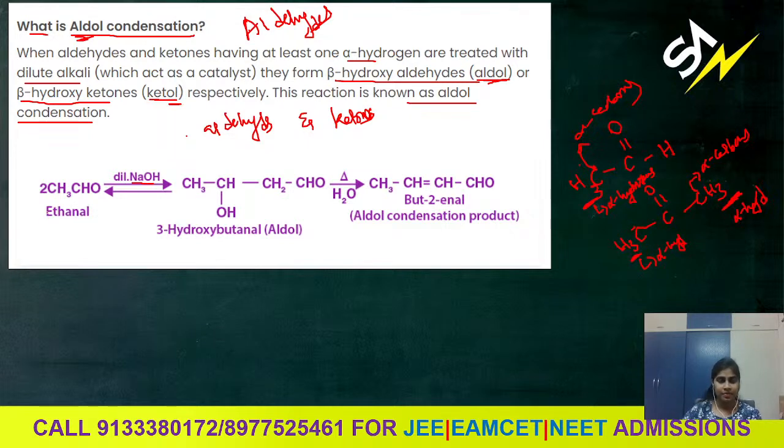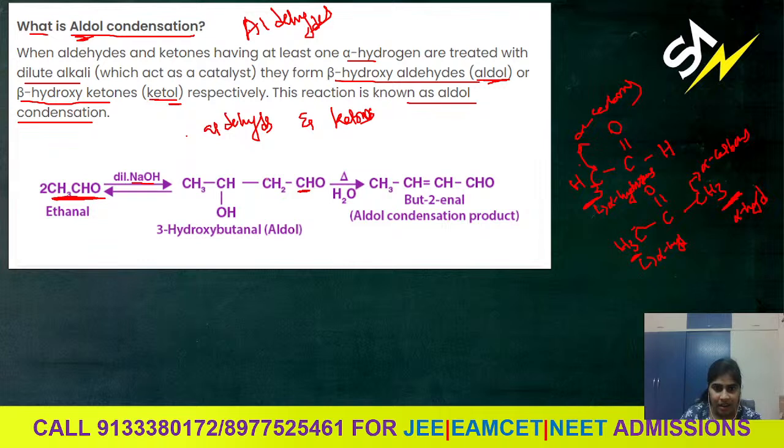You can see an example here, when 2 moles of ethanal, that is CH3CHO, are treated with dilute NaOH, what happens? There is a formation of beta hydroxyaldehyde. See here, there is an aldehyde functional group.